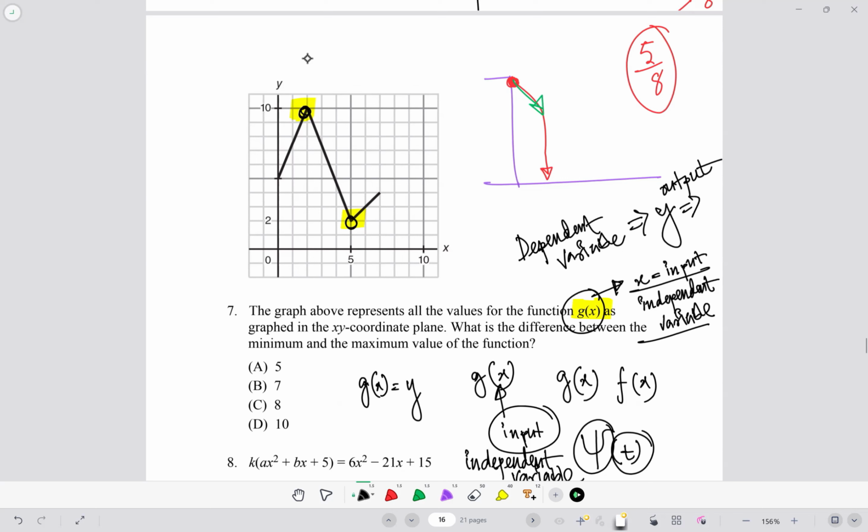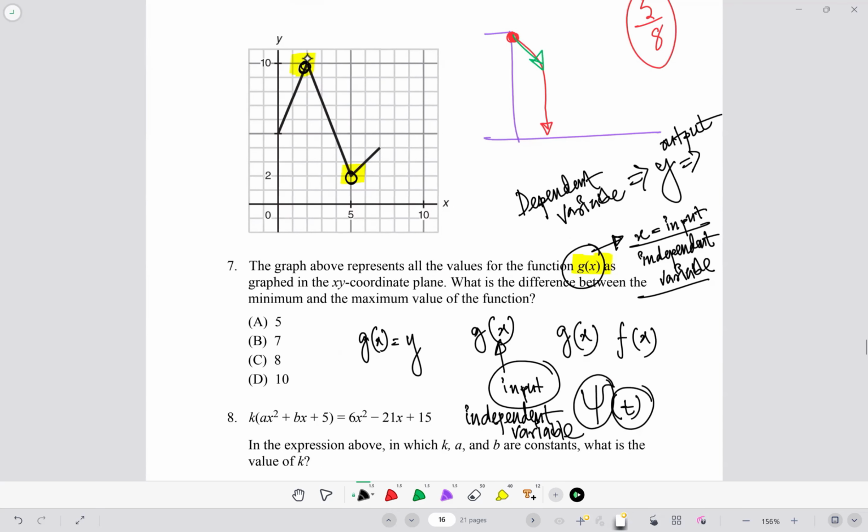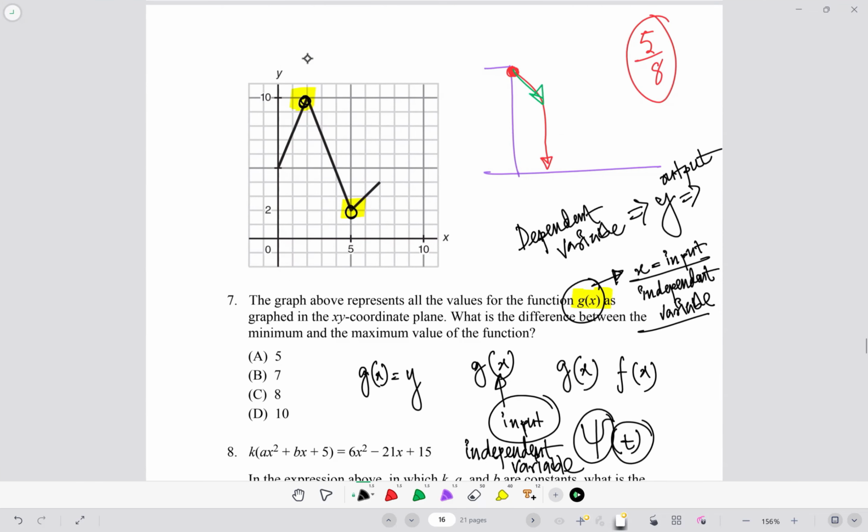What is the difference between the minimum and the maximum value of the function? The y value is the g of x value, the function value. Let's find out the maximum. The maximum would be 10, right?